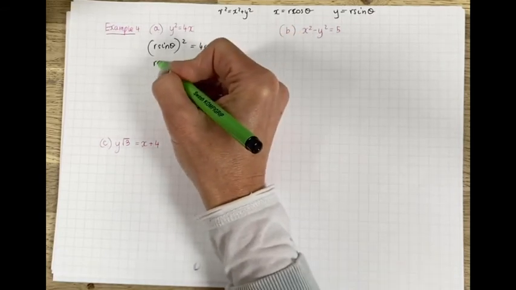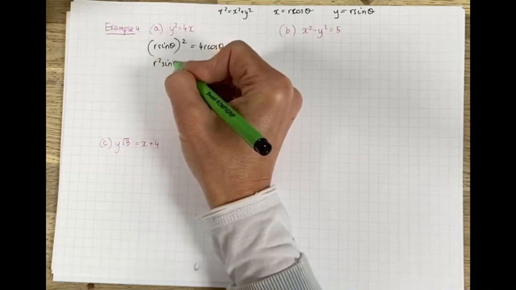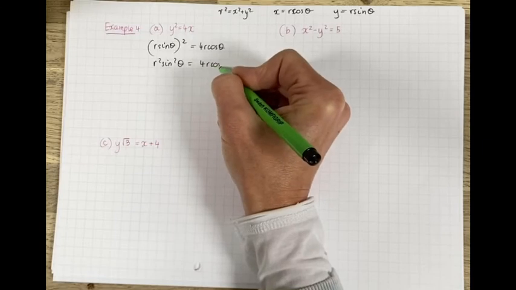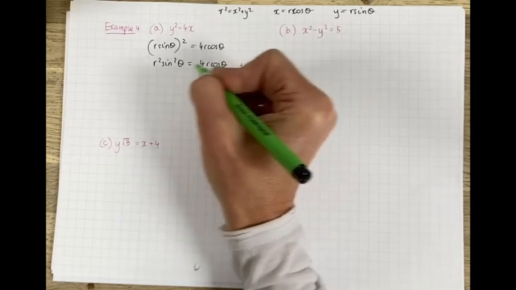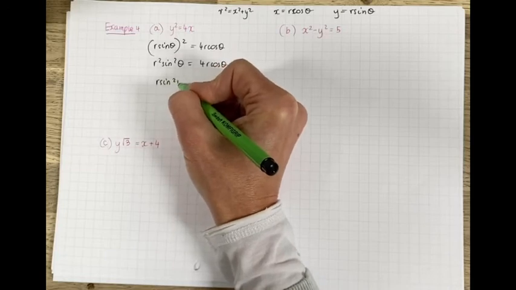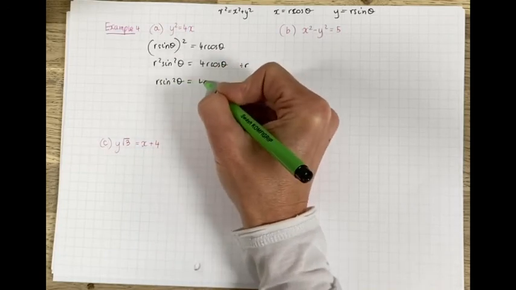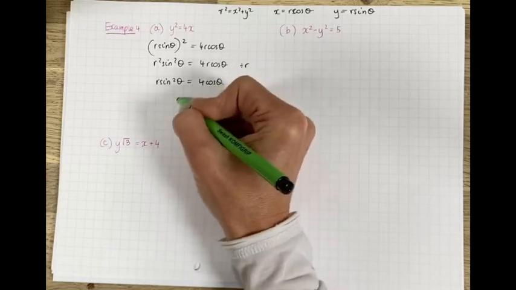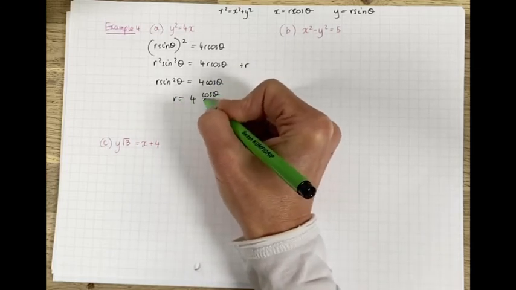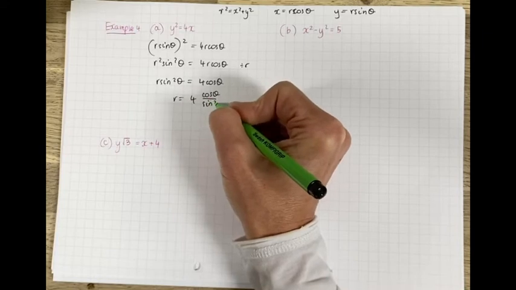So r squared sine squared theta equals 4r cos theta. Can divide by r to get r sine squared theta is equal to 4 cos theta. So r is equal to 4 cos theta over sine squared theta.